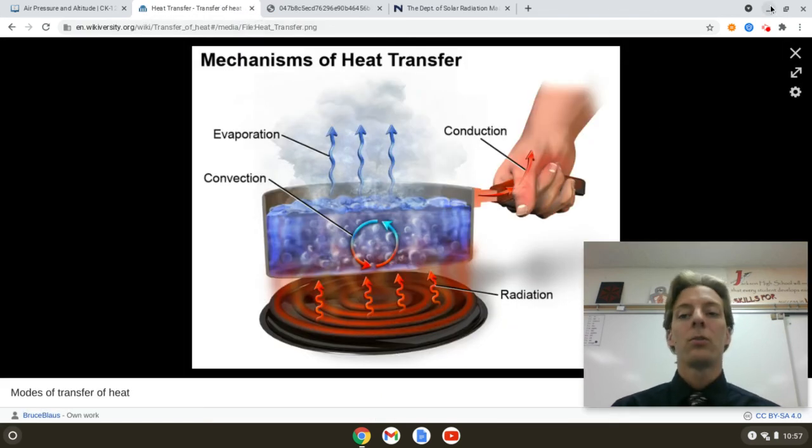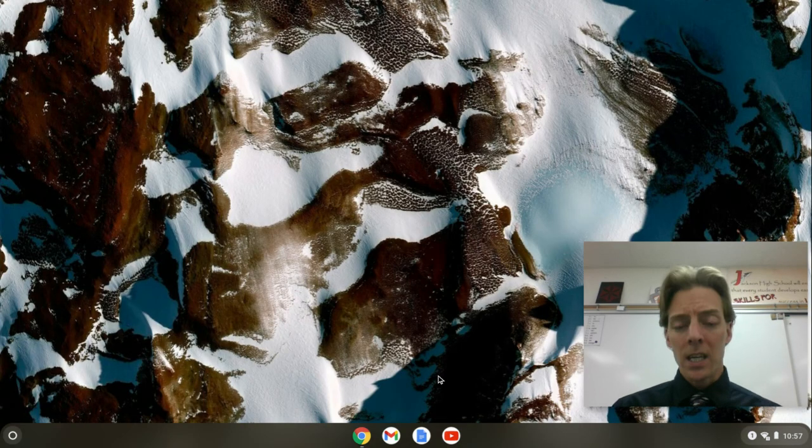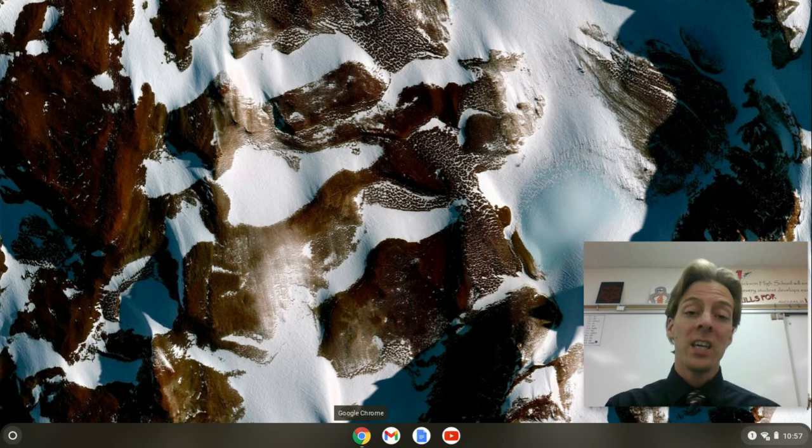Heat transfer. Heat and temperature. Temperature is the measurement of the molecule vibration. Temperature is what we're familiar with. Heat is not that. Heat is the energy that goes from one thing to the other.